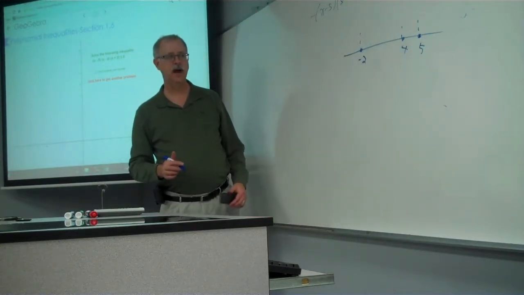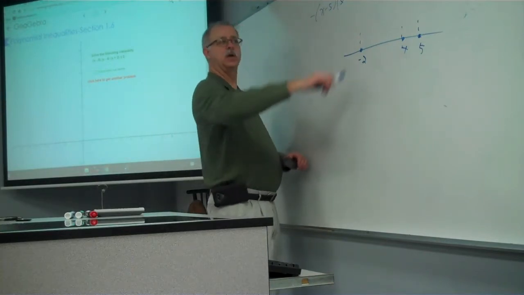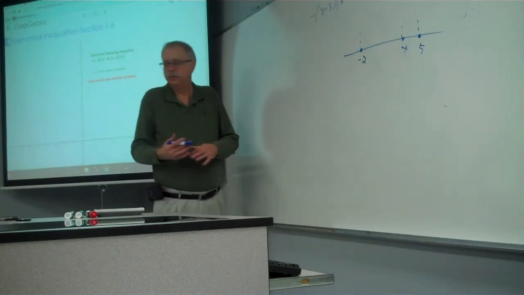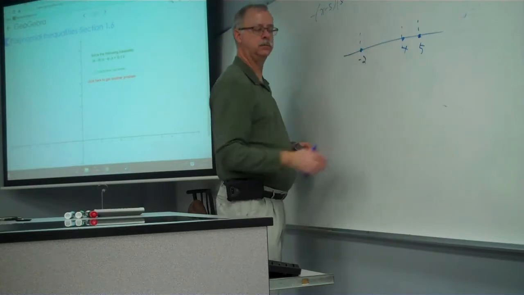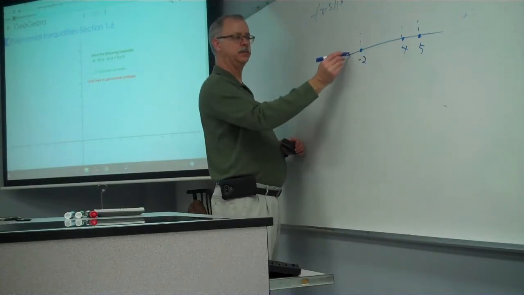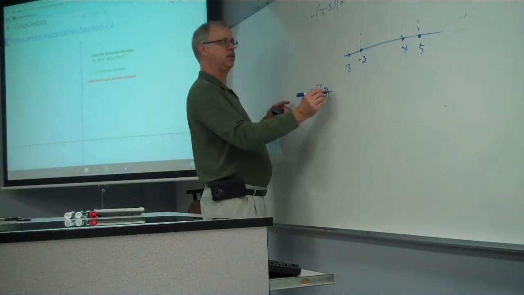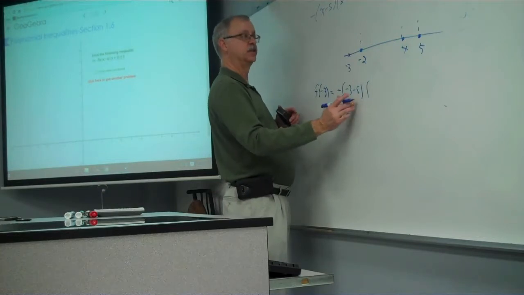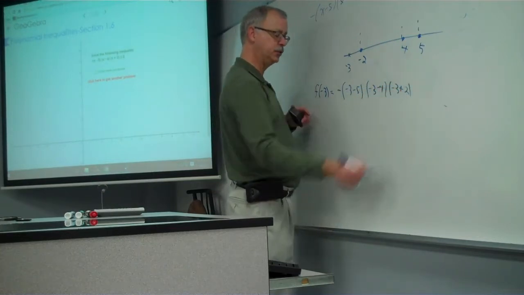And so what we're trying to figure out is, in the graph of this, not really where the peaks and valleys are. Long term, we'd like to know that. But at this point, are we above the axis or are we below? And so we just check a point, say at minus 3. At minus 3, this function is minus 3 minus 5, minus 3 minus 4, minus 3 plus 2.